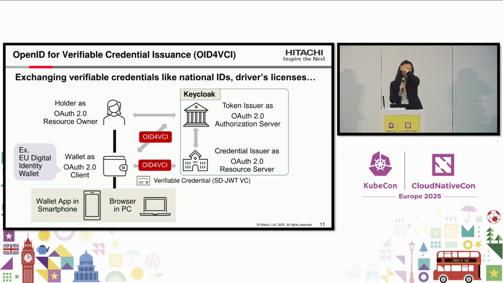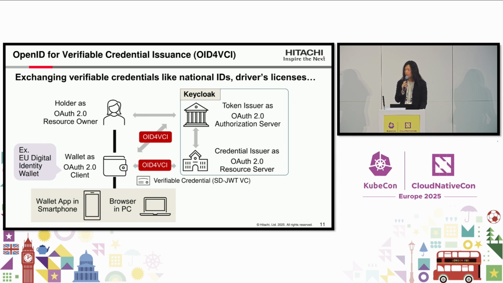The major characteristic of a VC is that everyone can verify its authenticity and integrity. An entity called the issuer, or credential issuer, issues this VC to the wallet. Therefore, some communication protocol was needed to convey this VC from issuer to wallet.